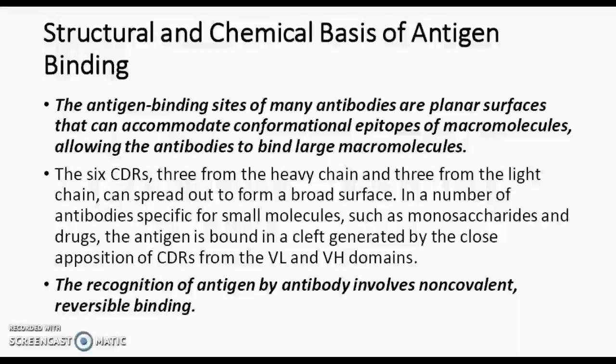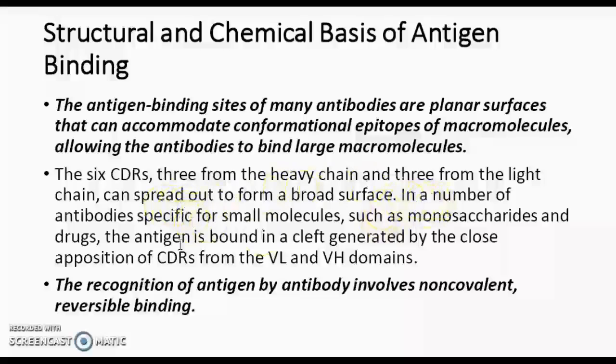The structural and chemical basis of antigen binding. The antigen binding sites of many antibodies are planar surfaces that can accommodate conformational epitopes of macromolecules, allowing the antibody to bind large molecules. Here, the molecules involved in the binding are the 6 complementarity determining regions, 3 from the heavy chain and 3 from the light chain.